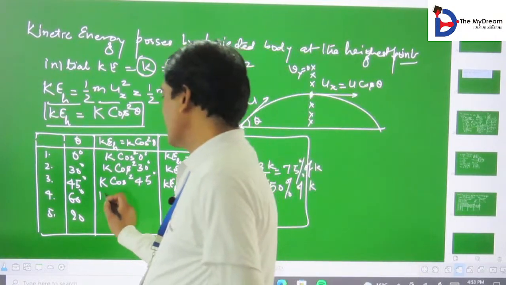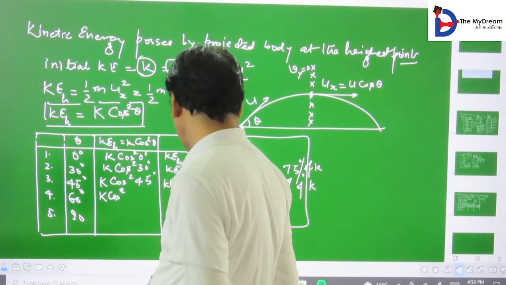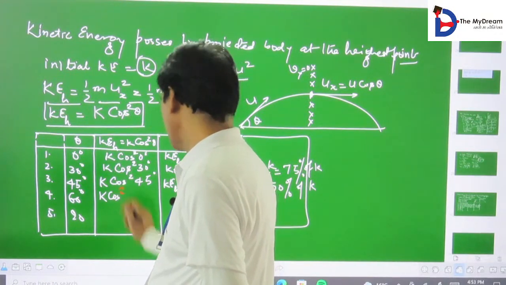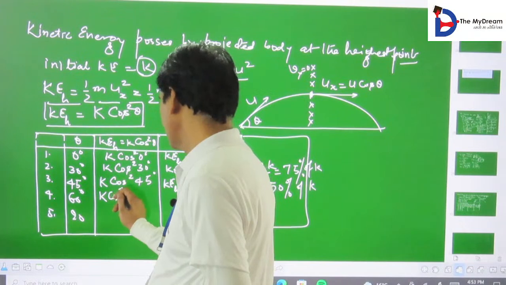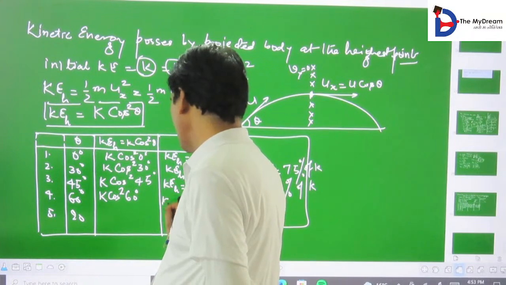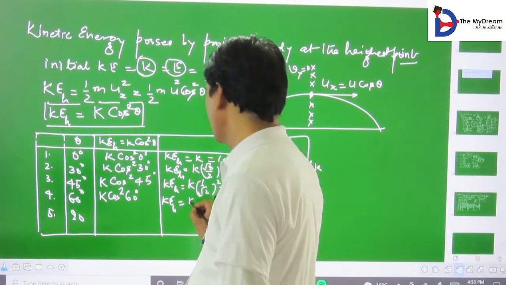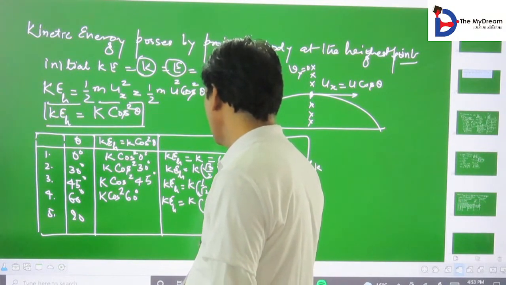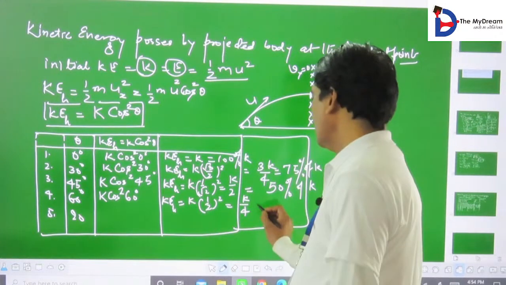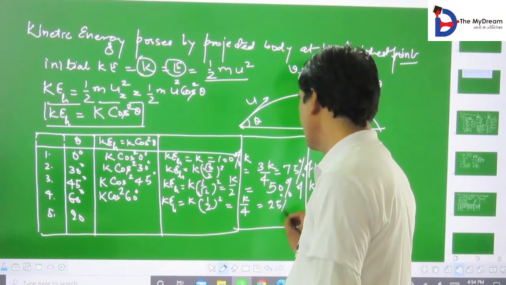If it is of 60 degree, then you can write down K cos square 60 degree. Cos 60 is 1 by 2, so it will become 1/4. You can say 25% of K.